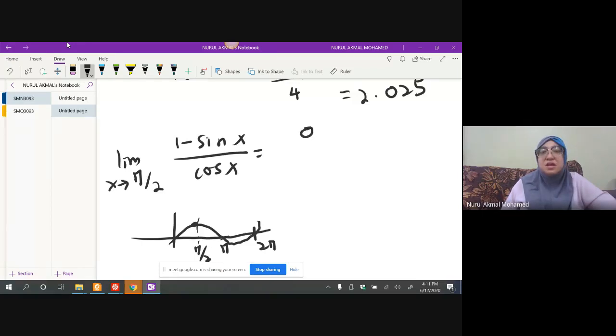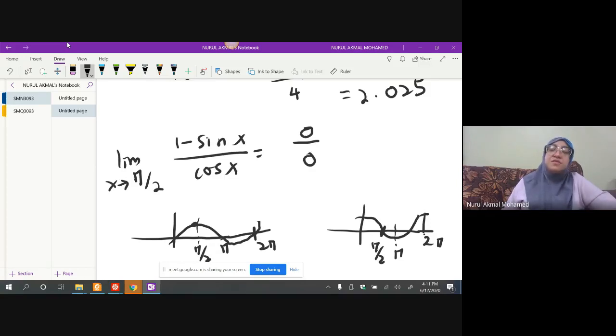So this is 0, and for the graph of cos x, it is something like this. Okay? So this is 2 pi, this is pi, okay, and this is pi over 2. So cos of pi over 2 is 0 as well. So we can use L'Hopital rule, okay?